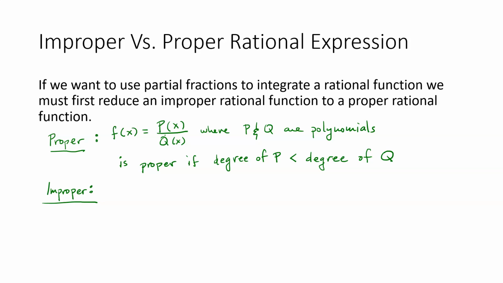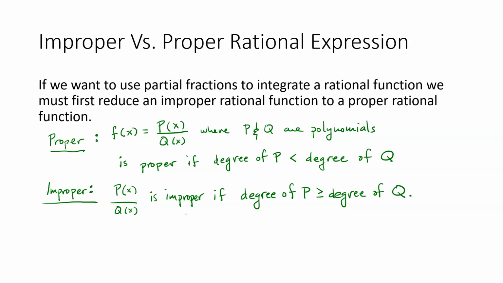So improper meaning that p of x over q of x is improper if the degree of the numerator is greater than or equal to the degree of the denominator. In this case, it can be reduced using polynomial long division.